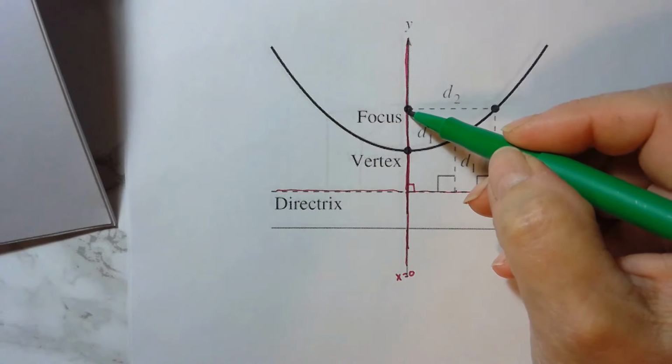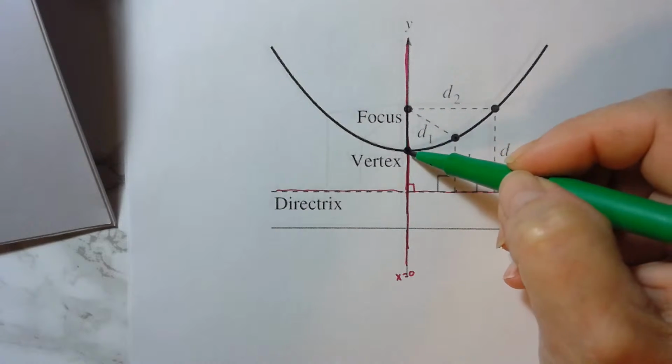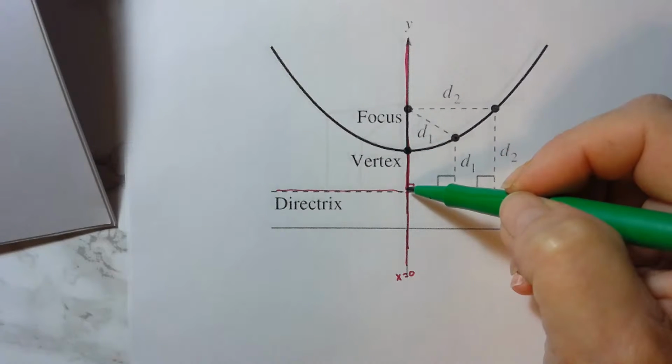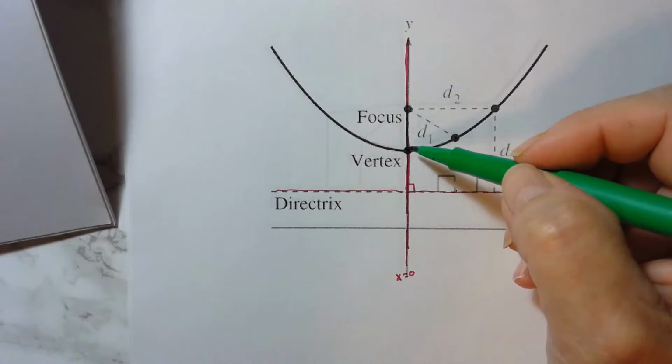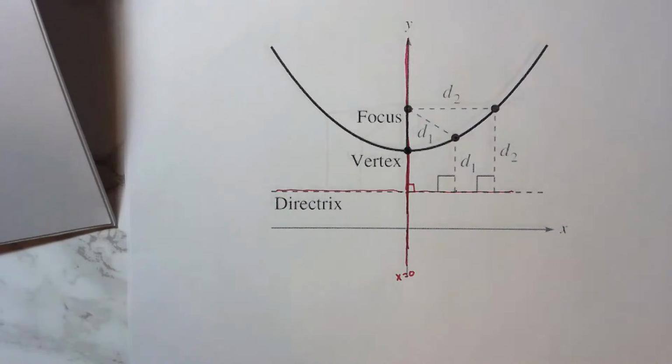And then I went over here and I said the distance between the focus and this point here, which happens to be the vertex, is the same as the distance between the vertex, or this point, and the directrix. Well, guess what? That means that the vertex is the midpoint between the focus and the directrix. And that's nice because that's going to help us a lot when we have to write equations.